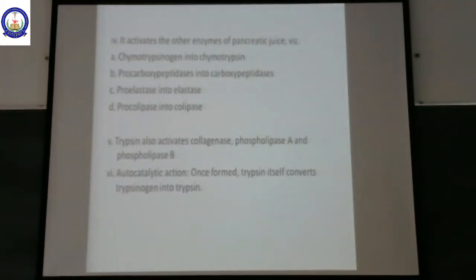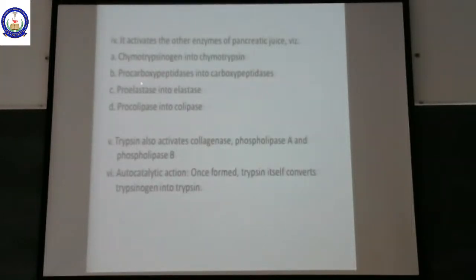Trypsin also activates other enzymes of pancreatic juice, that is chymotrypsinogen to chymotrypsin, pro-carboxypeptidases A and B into carboxypeptidases, pro-elastase is converted into elastase, pro-lipase is converted into lipase. So all these are inactive enzymes.